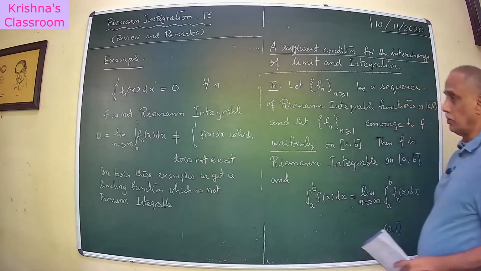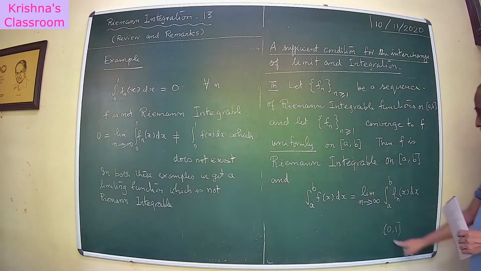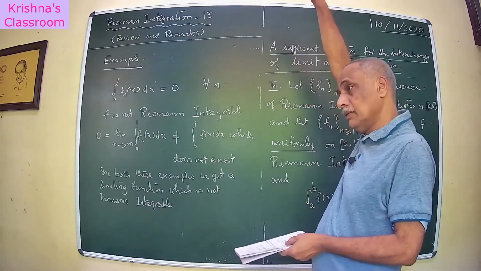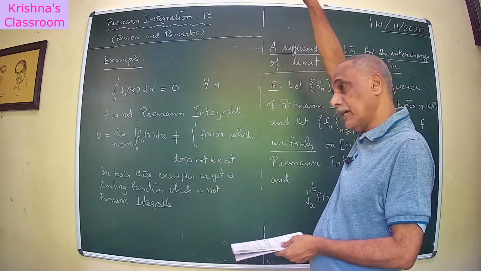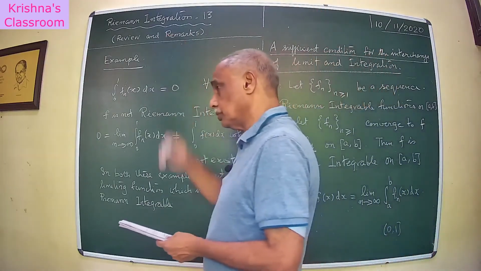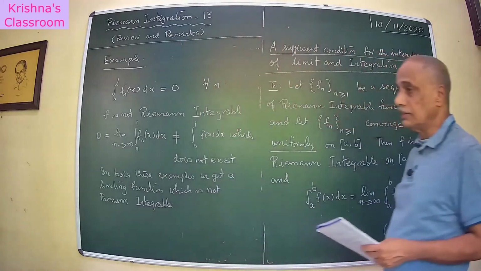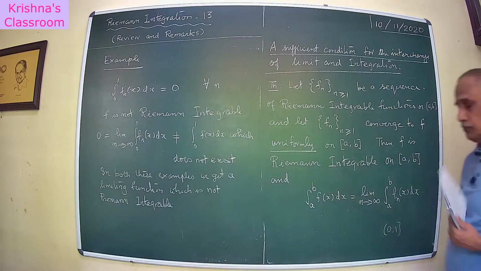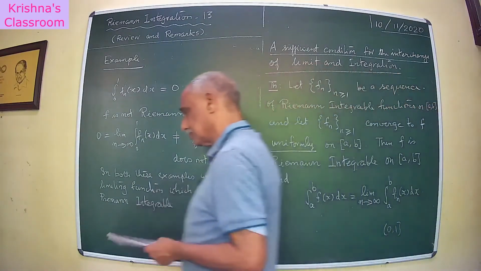There is no problem at all. But at 0, the function becomes unbounded, goes to infinity. Therefore, you see that the function is not uniformly convergent. What do you mean by uniformly convergent?